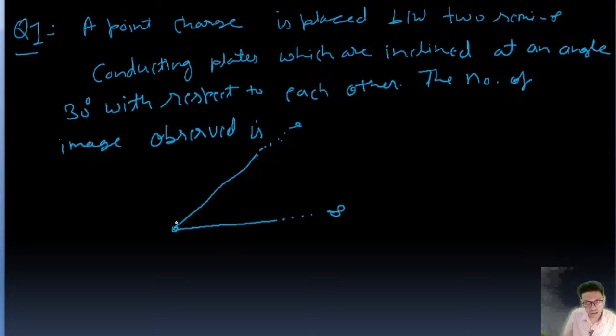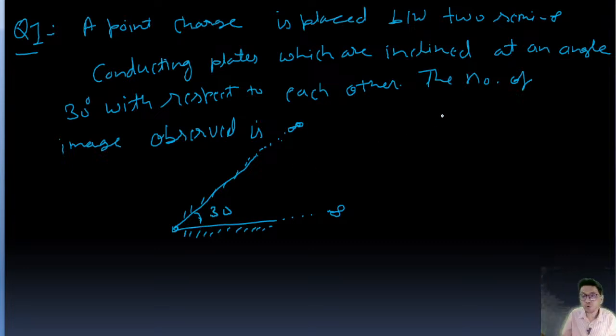These are at angle 30 degrees, that is theta, right? That is given. So we have to find the number of images observed. How many images are we going to observe?